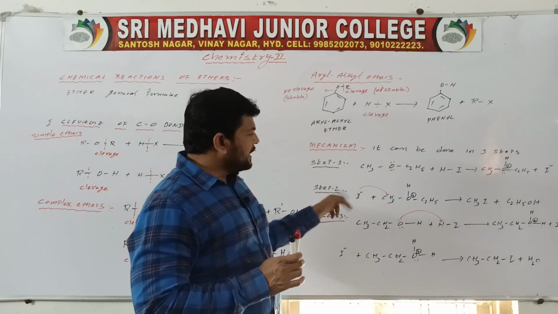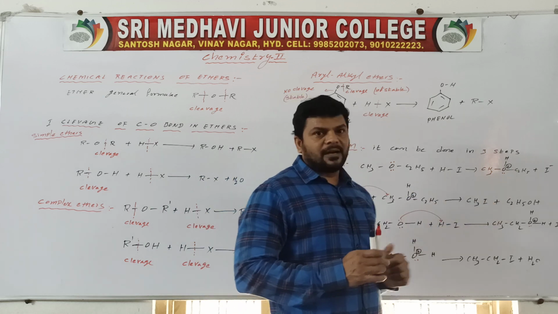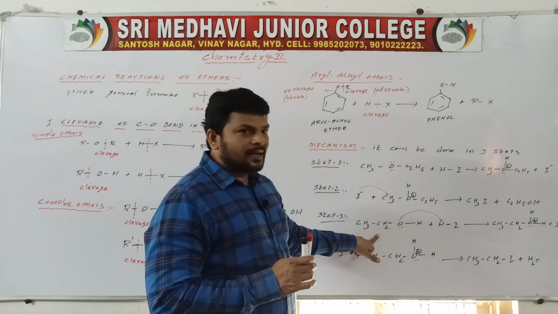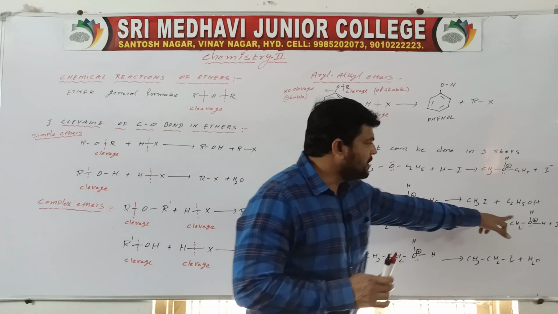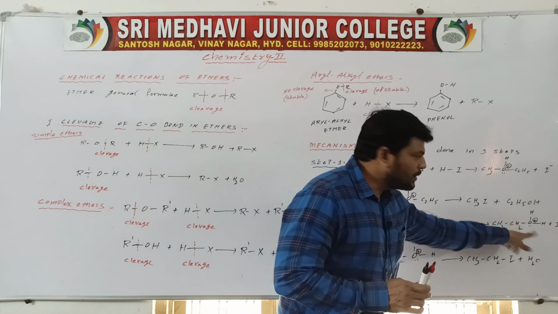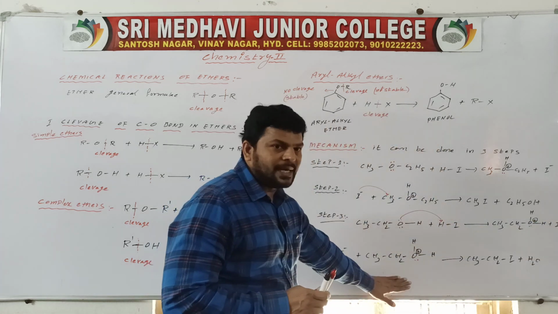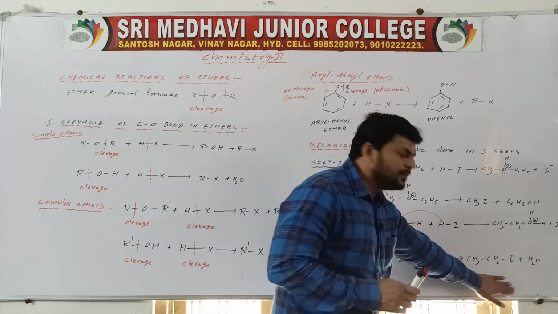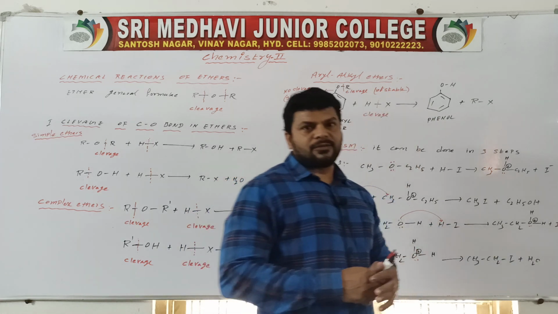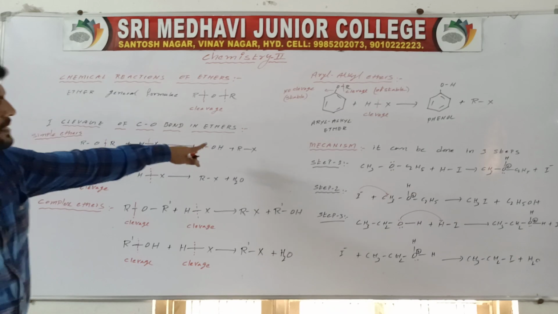I minus again reacts with the protonated ether, which gives rise to methyl iodide and alcohol. Then alcohol reacts with HI, which gives protonated alcohol and I minus. Then again I minus reacts with the protonated alcohol, which gives rise to ethyl iodide and H2O. Okay, so this is reactions of ethers.